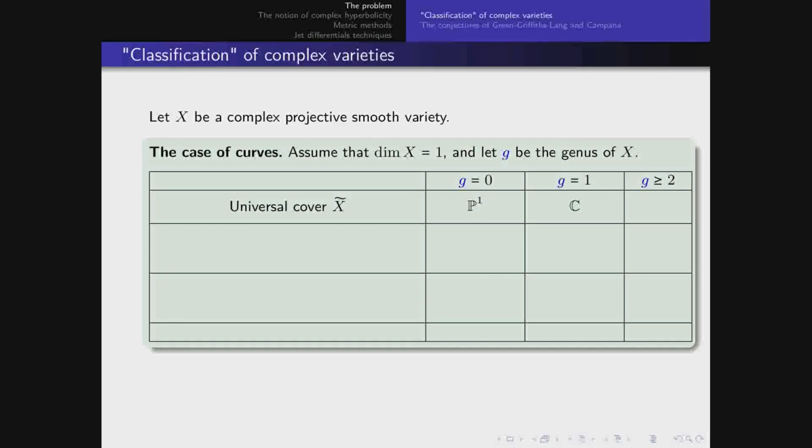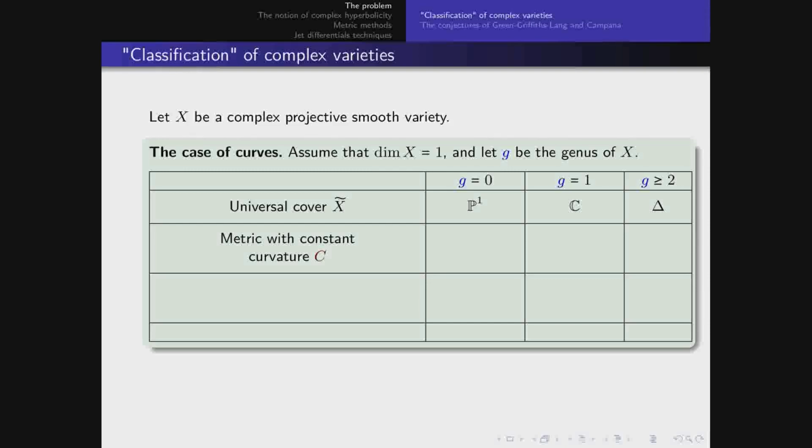For the genus 1 curves, we know that they are complex tori, their universal cover is C. And finally, for the genus 2 or higher curves, their universal cover is the unit disk, which will be denoted by delta in this whole lecture.